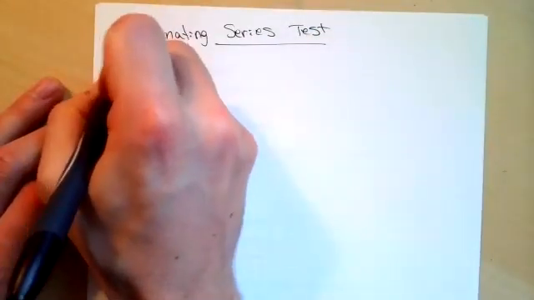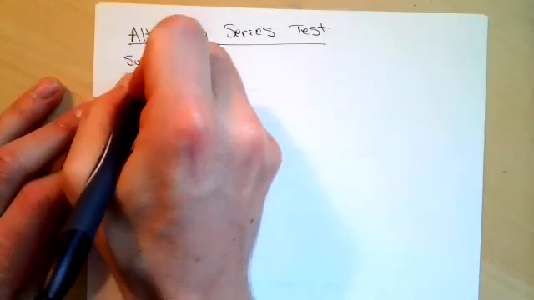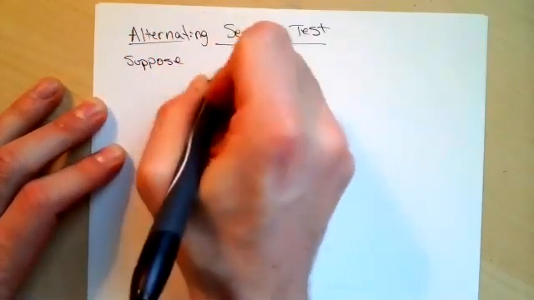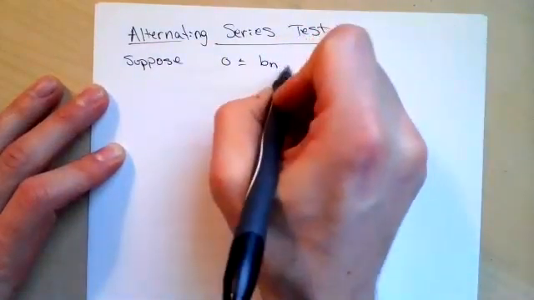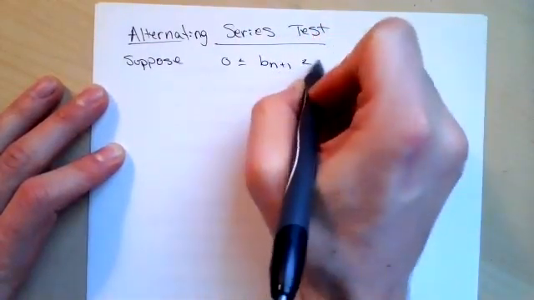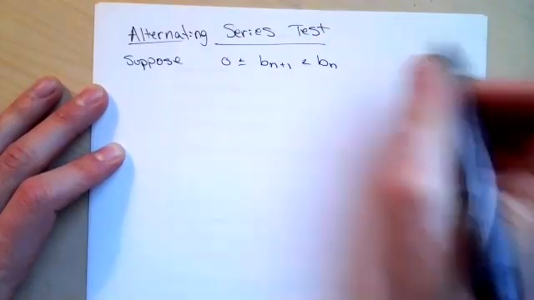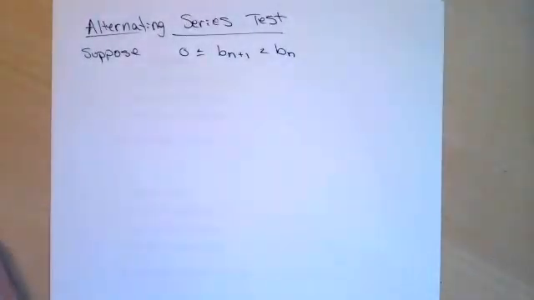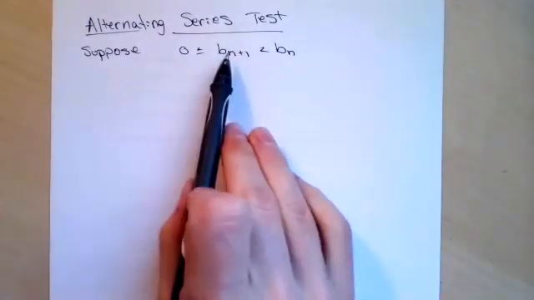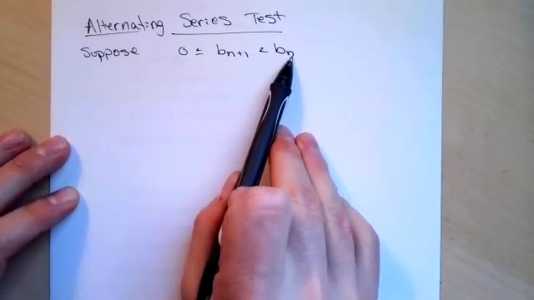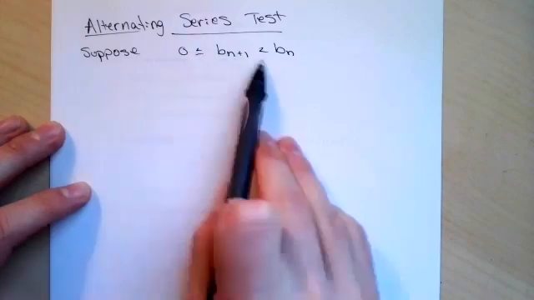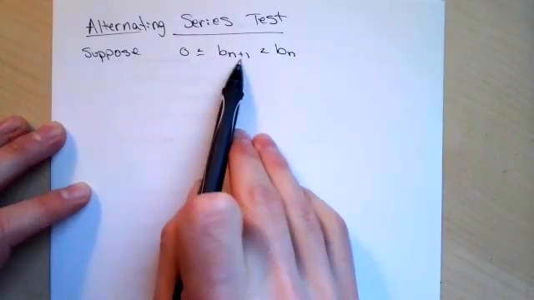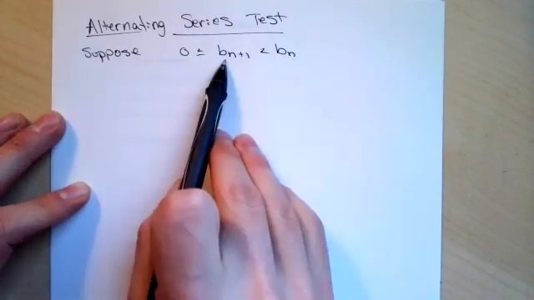Says, suppose we have a sequence that satisfies this condition. This is a very nice and concise math condition. What are we saying with this condition? Both that all the terms of the sequence are bigger than 0, so it's a positive sequence, and b_{n+1} is less than b_n, meaning that it's decreasing.